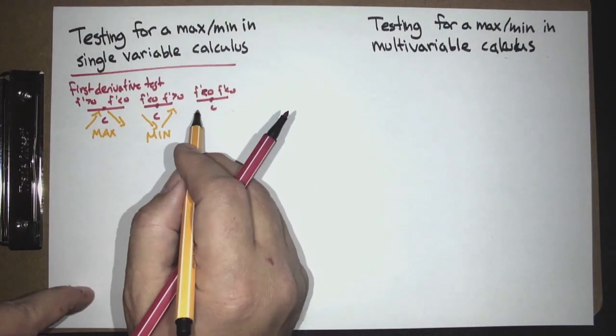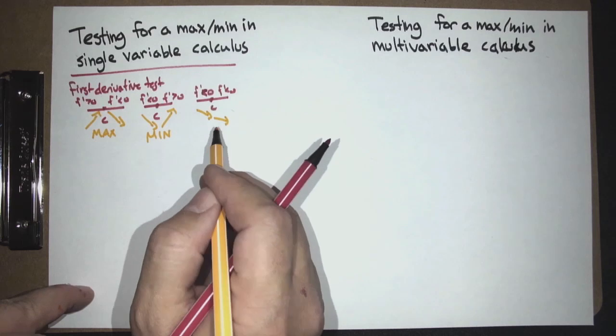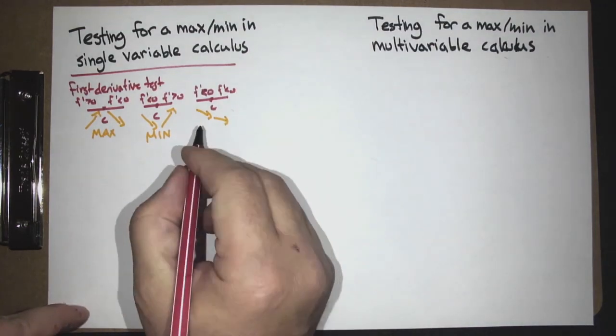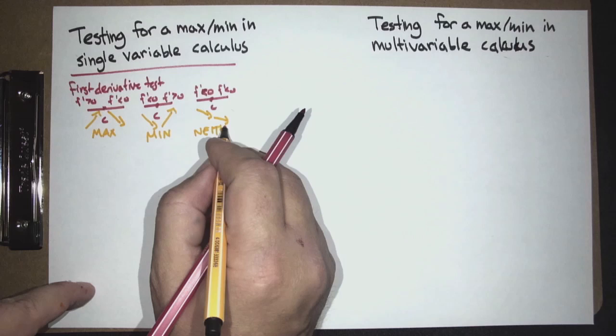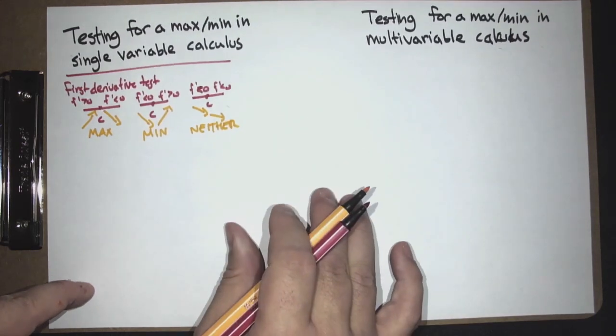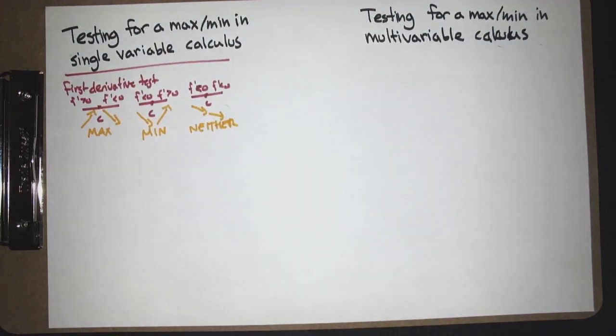What did you have? You went down, and you went down. So you had neither, right? That was basically the flavor. Okay, so that's cool. So you say, all right, well, that seems like a pretty nice test. We take our critical point and we say, what's happening?